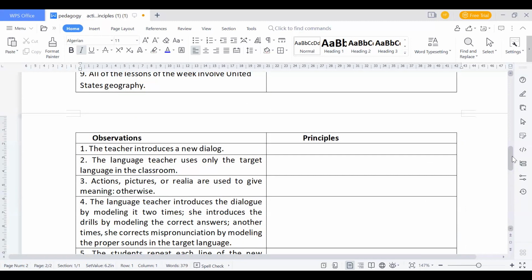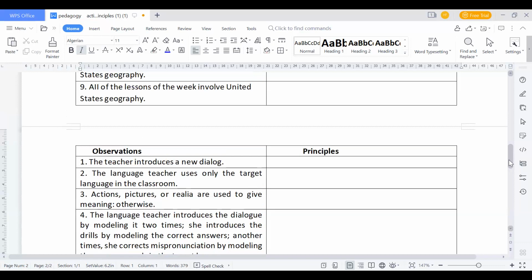Read number 2. The language teacher uses only the target language in the classroom. L1 is not prohibited, but not actually entertained. Though like in direct method, L1 is not prohibited, but it's not entertained. Because of that, the target language use is maximized.